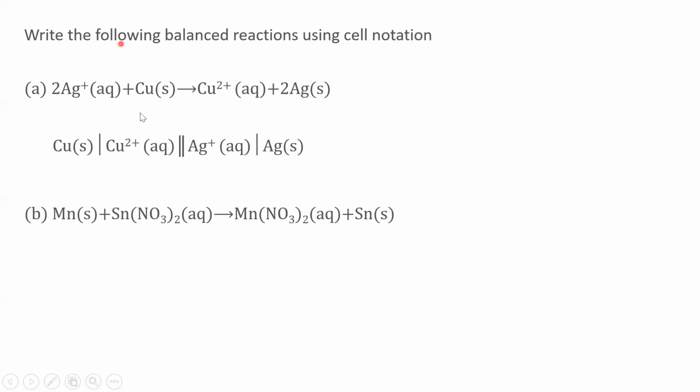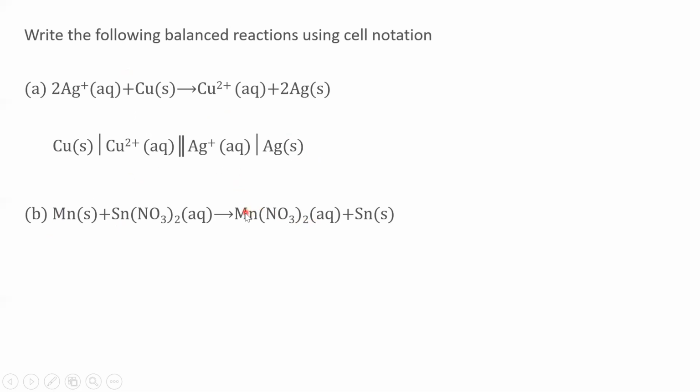So using this A as an example, let's look at B. First, the nitrate's a spectator ion, so don't worry about the nitrate here and here. Okay, we've got manganese going from atoms to ions, and the charge on the manganese is a +2 here. So it's going from a 0 to a +2.